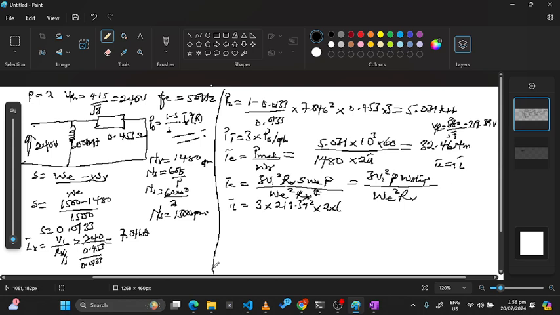Omega slip is equal to omega E minus omega R. Omega E is 2 pi times the frequency, which is 50, minus omega R. All of these divided by the square of the synchronous speed, or omega E, which is 2 pi times 50 all squared, times 0.453.